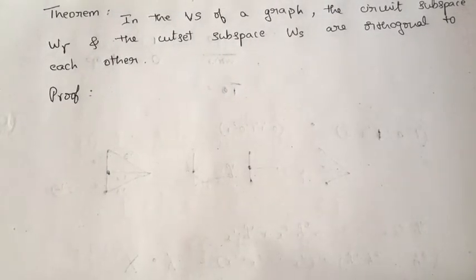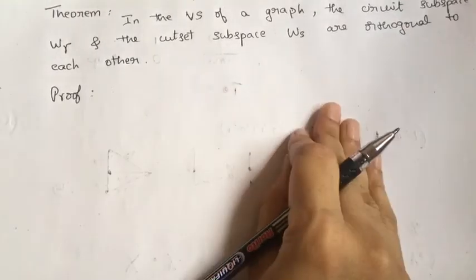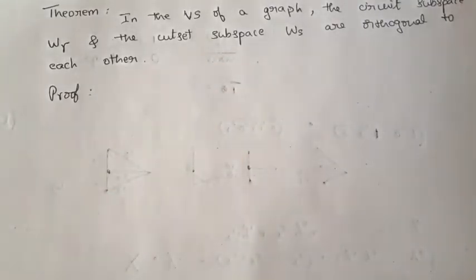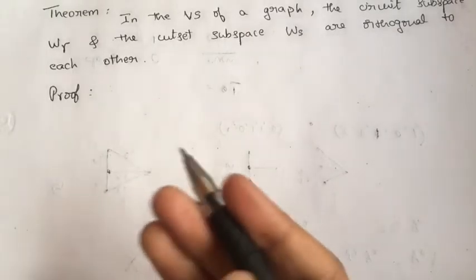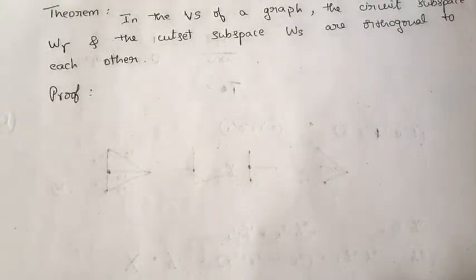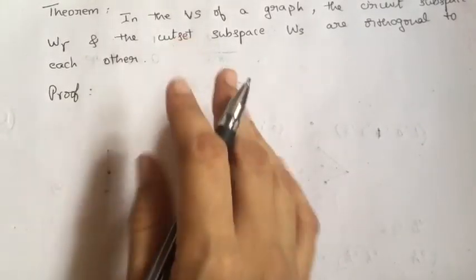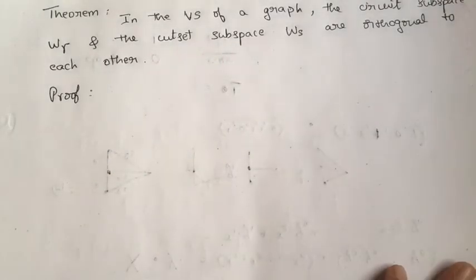We know that the number of edges common to a circuit and a cut set is always even. I can even say the number of edges common to a union of edge disjoint cut sets is also even. The first argument is very easy if I simply have a circuit and a cut set. They share an even number of edges.